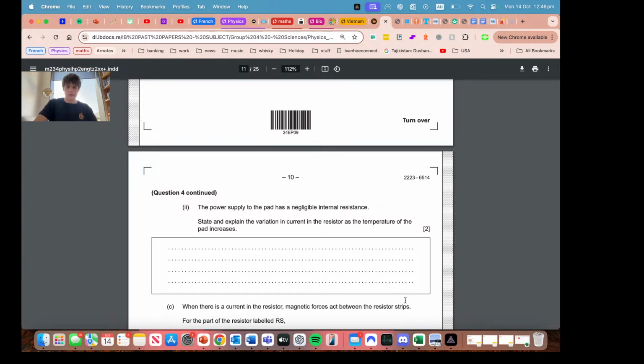Show that the gravitational potential Vp at the surface of P due to the mass of P is given by Vp equals negative Gp over Rp, where Rp is the radius of the planet. Easy, right?